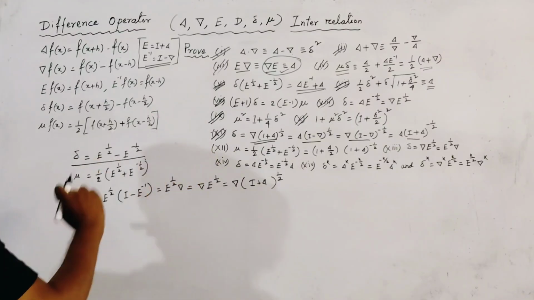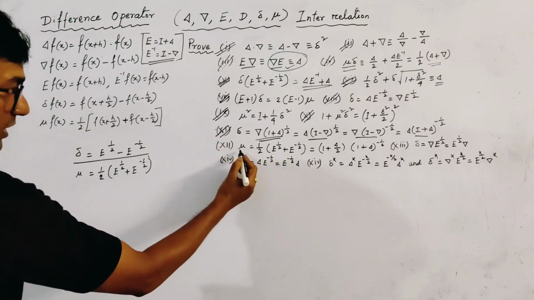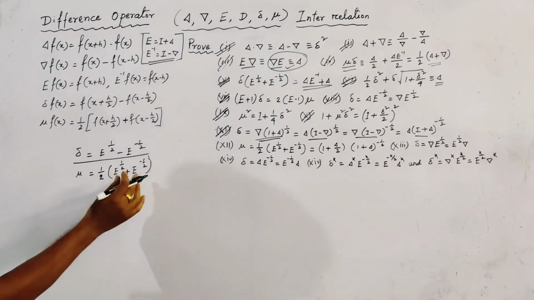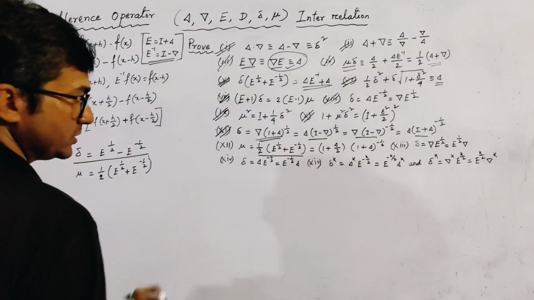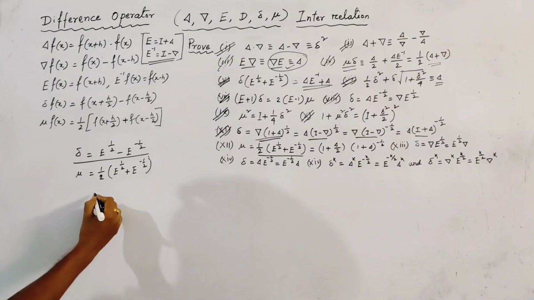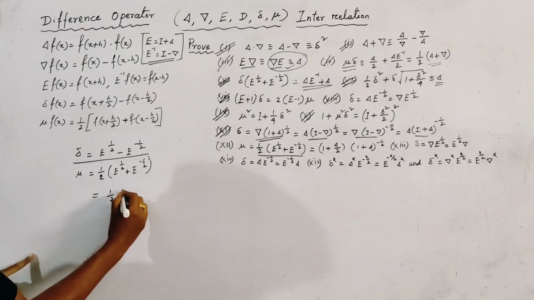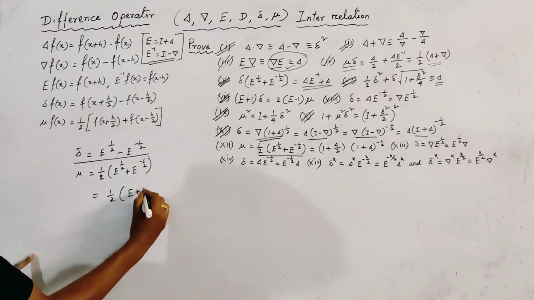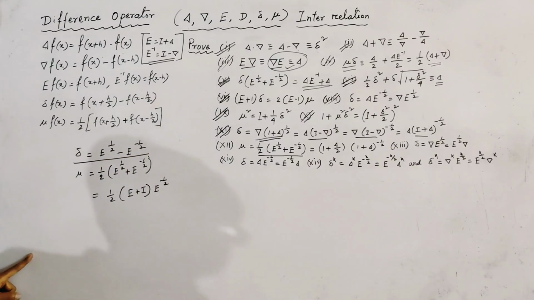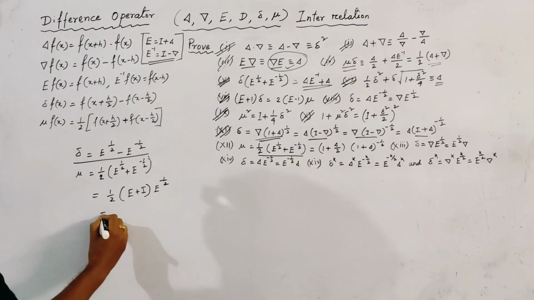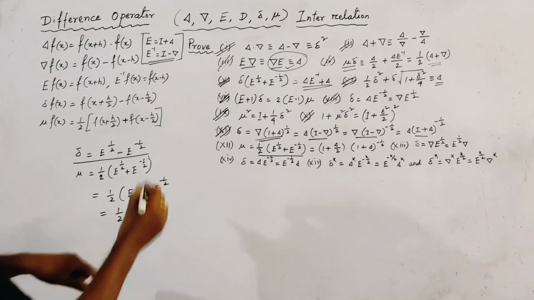Now we go to relation number 12. First put the definition of mu. This is given by this, so there is nothing to prove for the first part. For the second part, we take common e to the power minus half, then we get half into e plus I into e to the power minus half. And what is the value of e plus I?